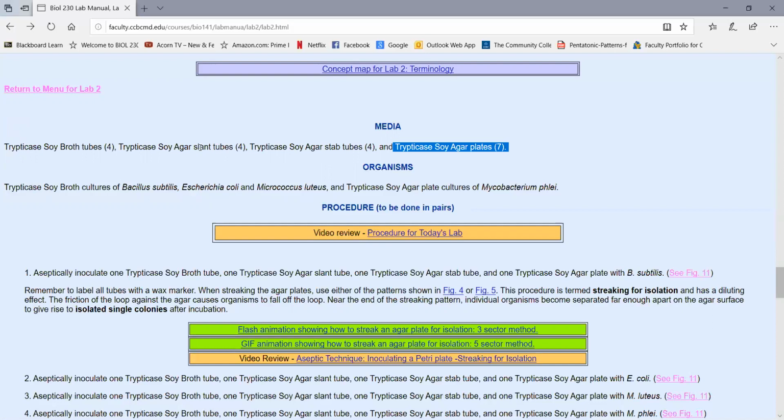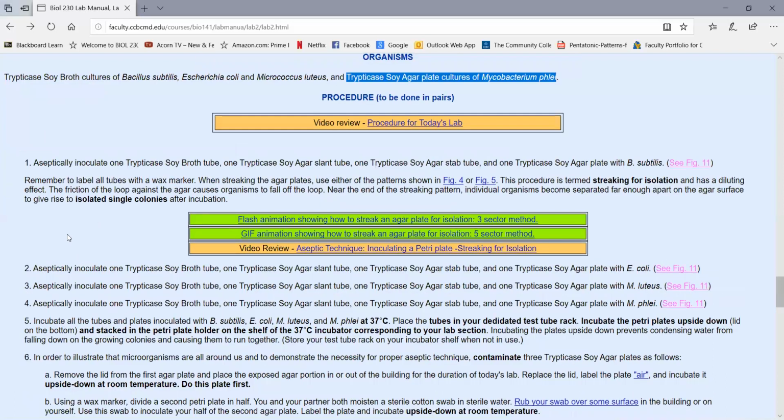So the 4 bacteria we're going to use today, we have trypticase soy broth cultures of Bacillus subtilis that we want to grow, broth cultures of E. coli, and broth cultures of Micrococcus luteus. And the 4th bacterium we're going to grow is Mycobacterium phlei, but you're going to take that off of an agar plate rather than out of a broth tube. So you'll learn how to do that as well. So steps 1 through 5 tell you step by step what you're doing today. But we can summarize that in figure 11.